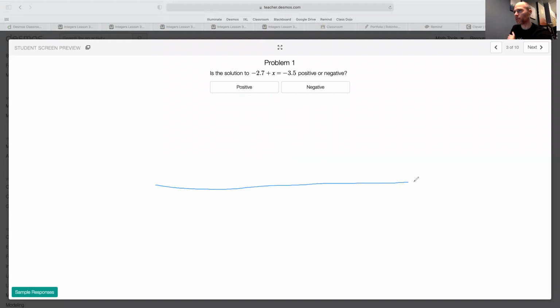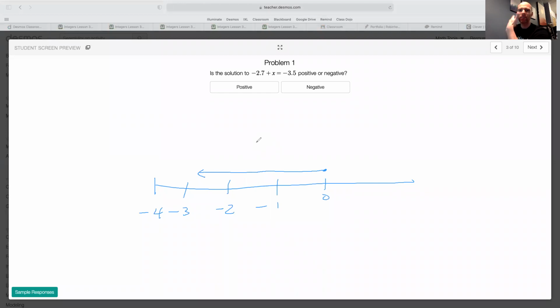Let's say we were drawing on a number line, and here's our 0, and this will be 1, -1, I mean, -2, -3. We'll throw -4 over here. And we drew our first vector to -2.7 because that's the first value I see in this equation.